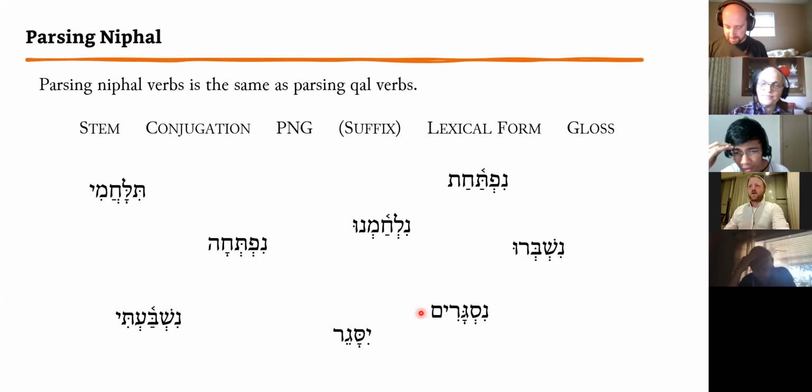Well, it's better in the Niphal not to consider the participles active or passive, because it's just Niphal. Niphal participle. And then PNG. It's masculine plural. You don't need first, second, or third, right? Yes. And then lexical form, sagar, which is the root.